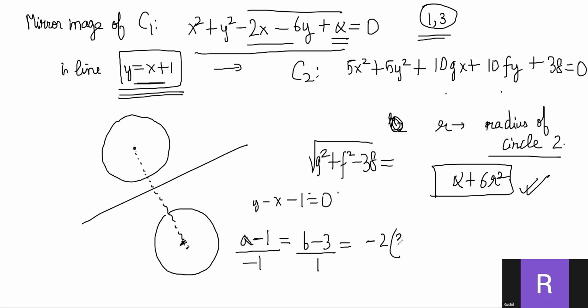So that will be 3 minus 1 by the squares of the coefficients of x and y, so 1 plus 1. It will give you the reflection. Obviously, there is one step to get the reflection from here.